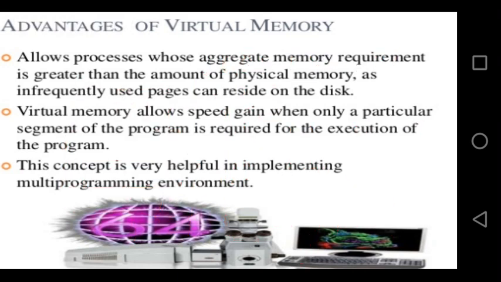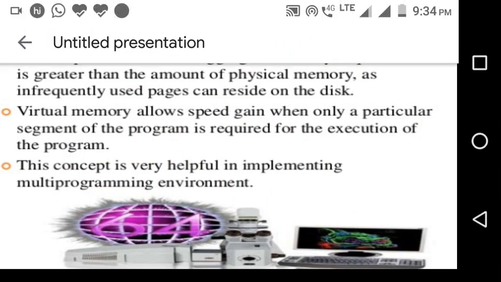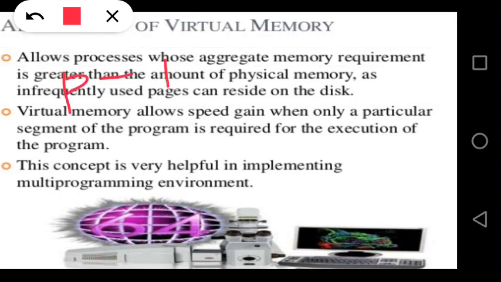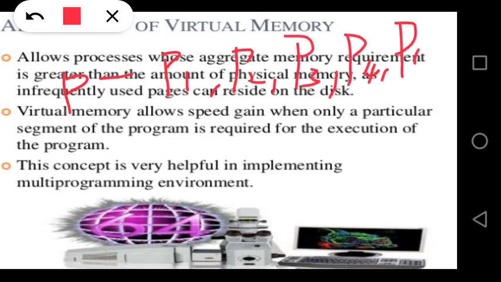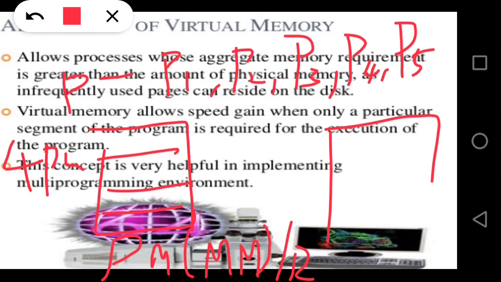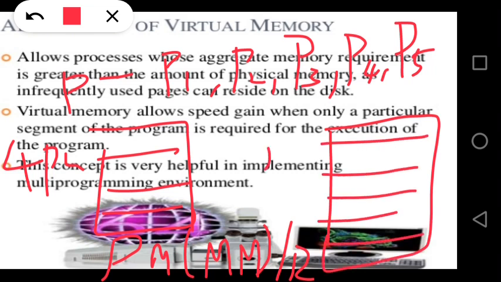So in this scenario, let's assume this is my main memory. I divided my program into processes P1, P2, P3, P4 and P5. My physical memory, the main memory or RAM, is divided into four pages, and my hard disk is divided into some 20 pages.